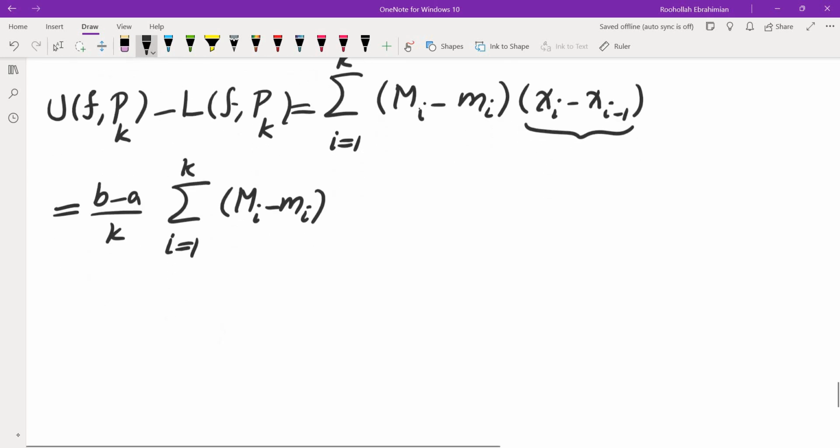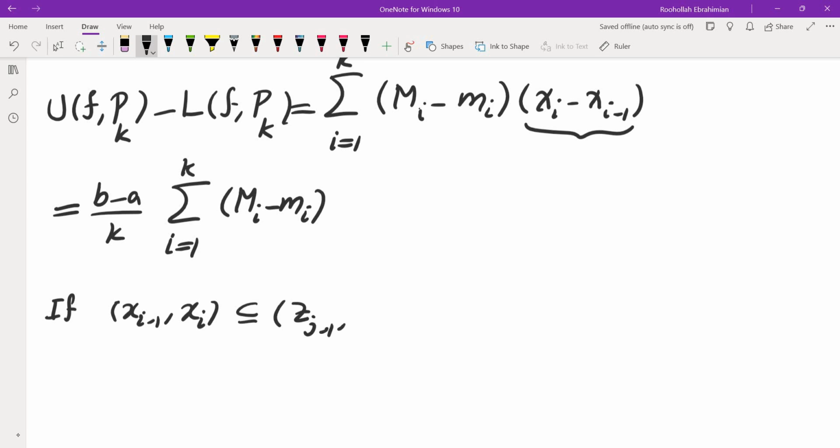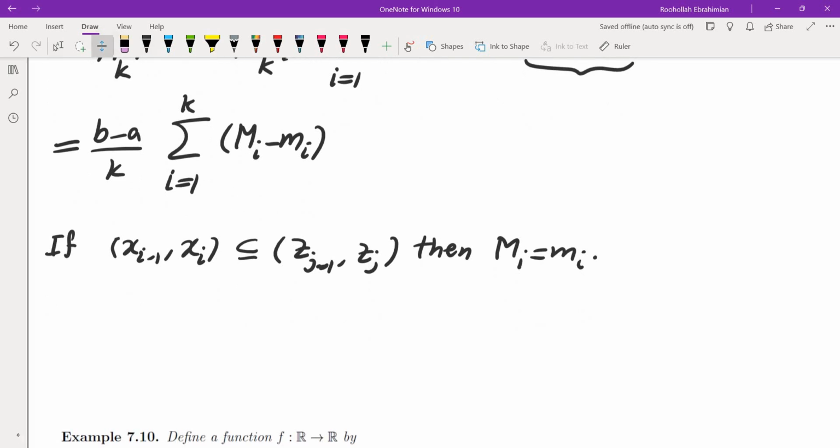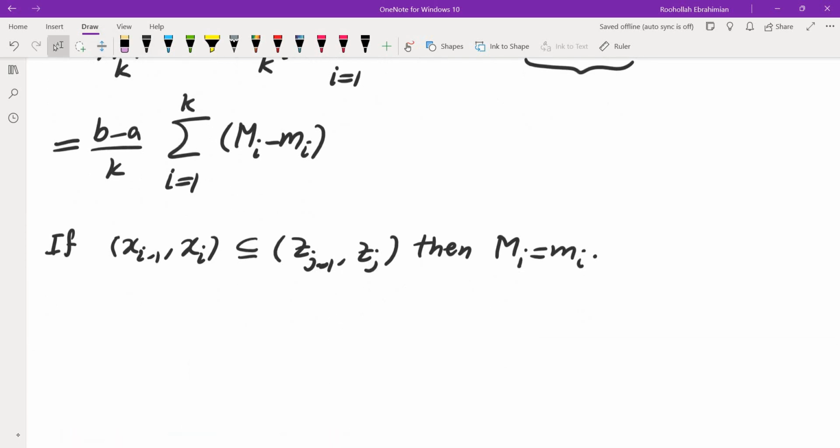So let's look at capital M_i minus lowercase m_i. If [x_{i-1}, x_i] is inside [z_{j-1}, z_j], then capital M_i and lowercase m_i would be the same. Otherwise, it may not be the same.